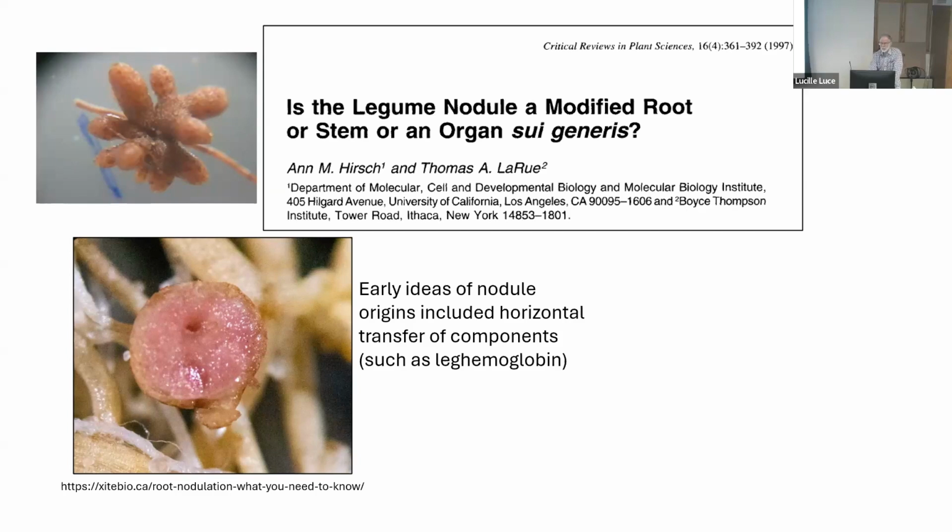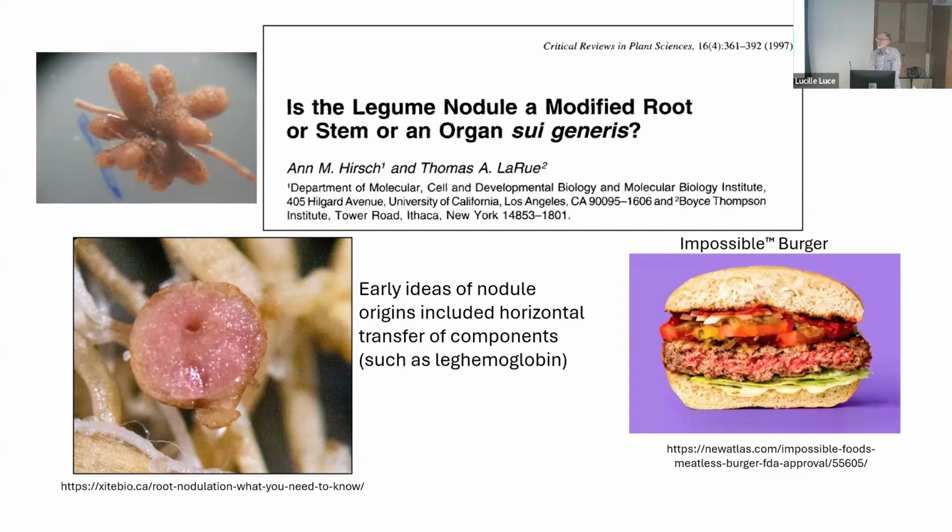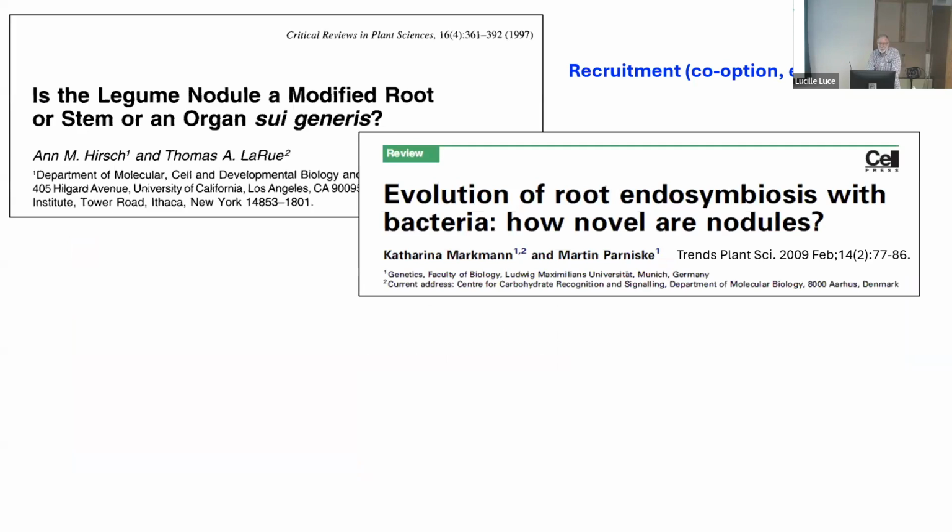And those of you who eat Impossible burgers may be familiar with leghemoglobin as the red color that you're seeing there, that substitutes for myoglobin and hemoglobin. Anyway, I could say more about it. I just gave this talk for Mark Sorrells in the background there, the polyploidy talk yesterday for your class, Mark.